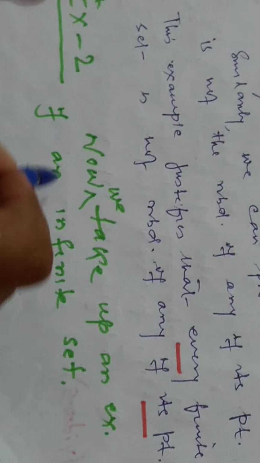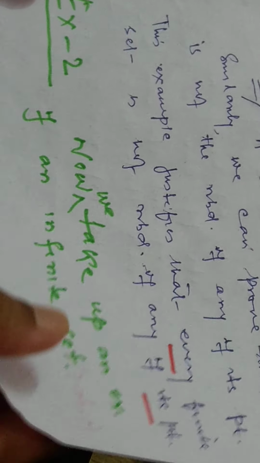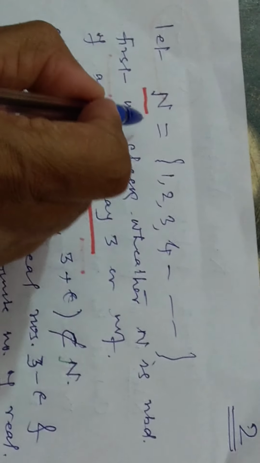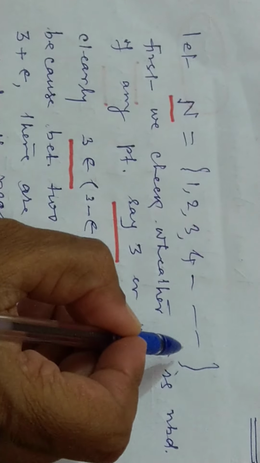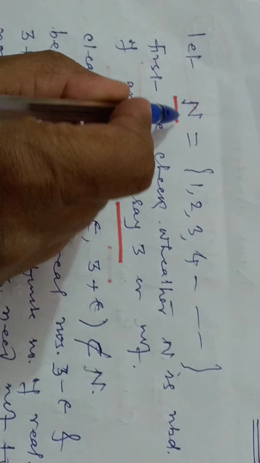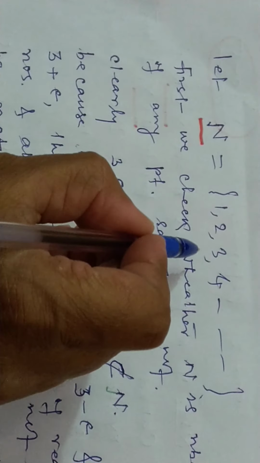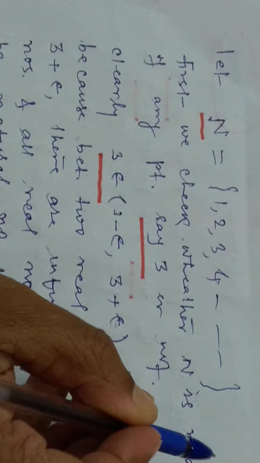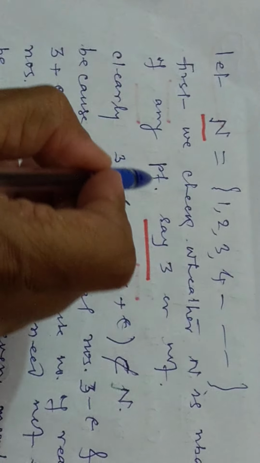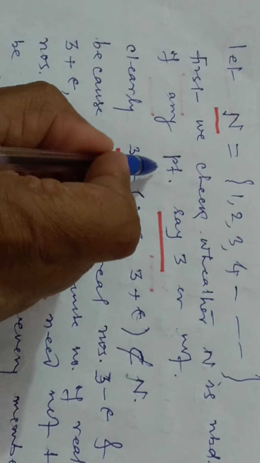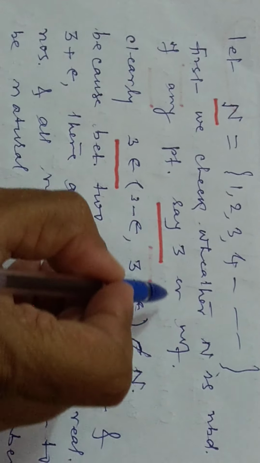Now let us consider an infinite set, and you students are familiar with the set of natural numbers, which is an infinite set, and the set of natural numbers contains 1, 2, 3, 4 and so on as its members. First we check whether N is the neighborhood of any point, say 3, or not.